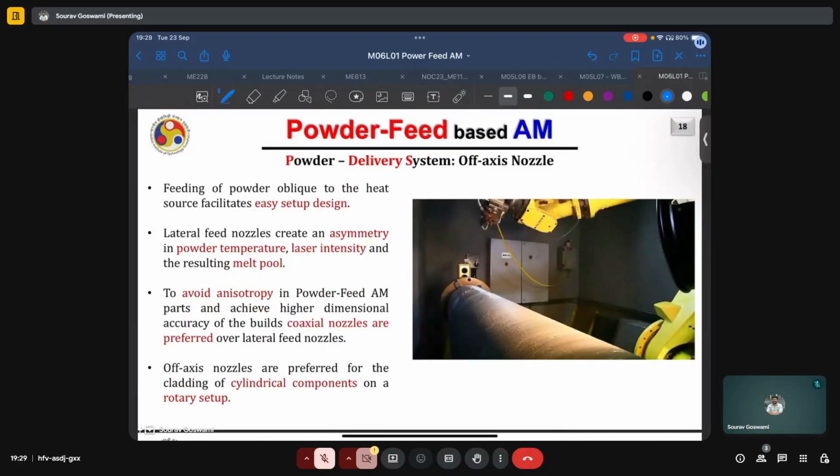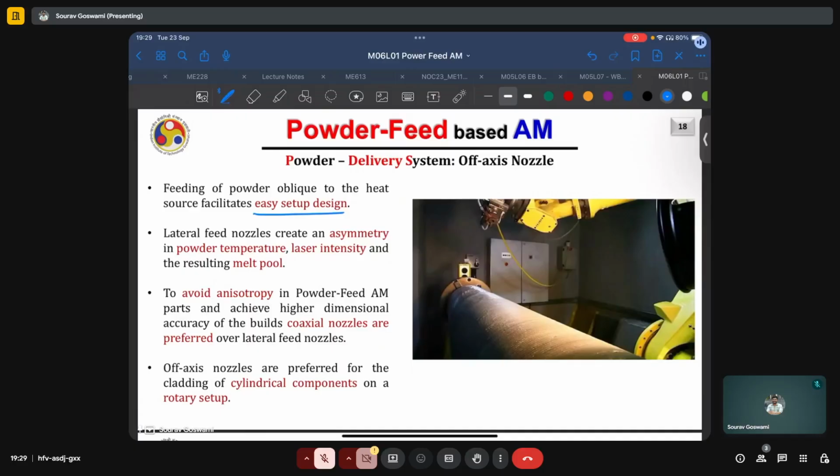Some of the advantages of the off-axis nozzle are discussed here, where the feeding of powder oblique to the heat source facilitates easy setup design. Lateral feed nozzles create an asymmetry in powder temperature, laser intensity, and the resulting melt pool, which must be accounted for when, say, using this for some targeted application.